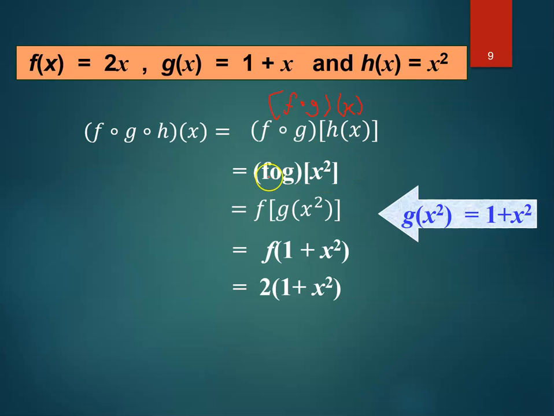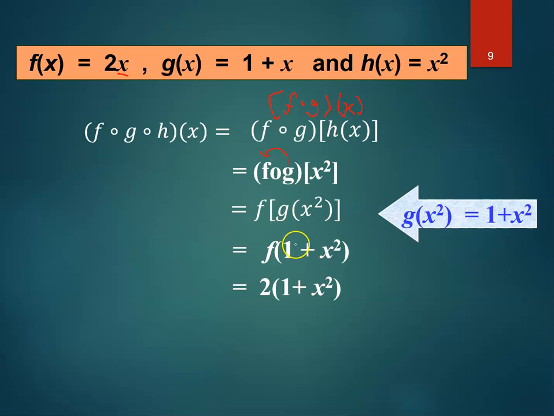So let's perform f dot g over here. This is what we have done many times before, f dot g. So you're going to substitute g into f. So what is your f? Your f is 2x. So this x you're going to substitute with g, which is 1 plus x.